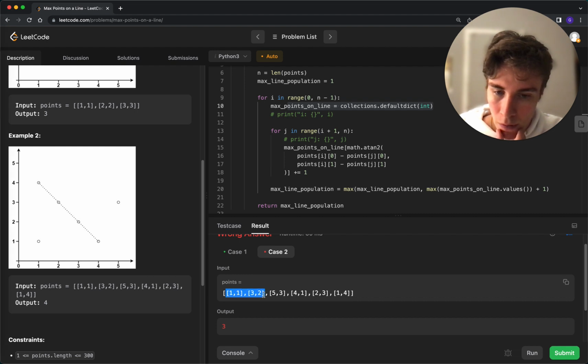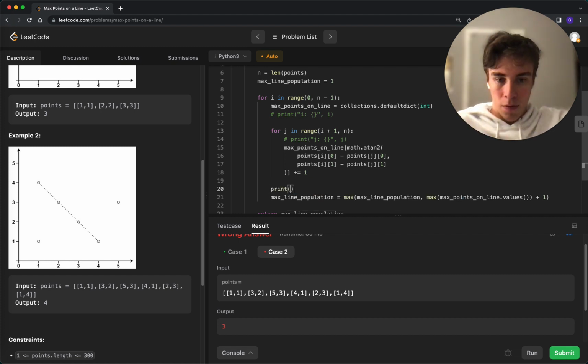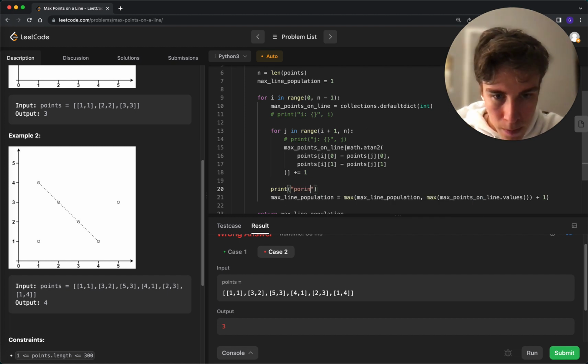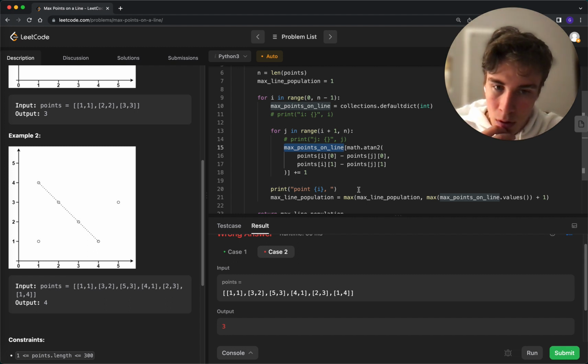So first comparison is 1/2. Let me look at point 1, point i, point 0, point 1, the value should be 2 here.